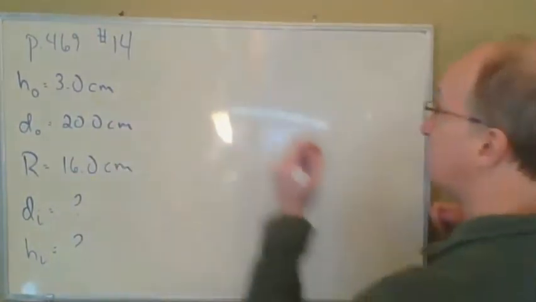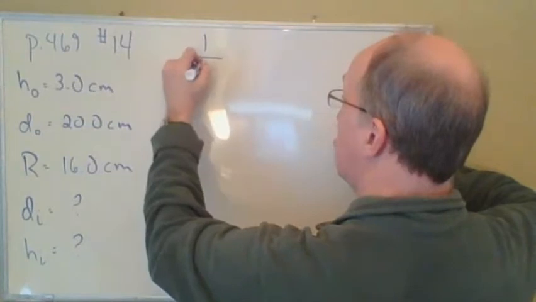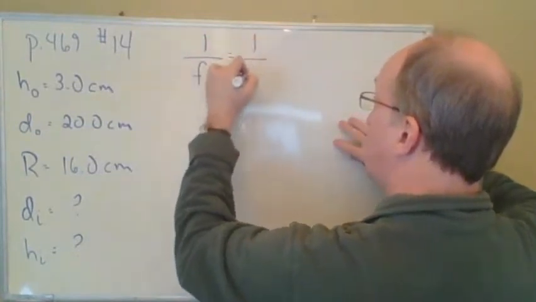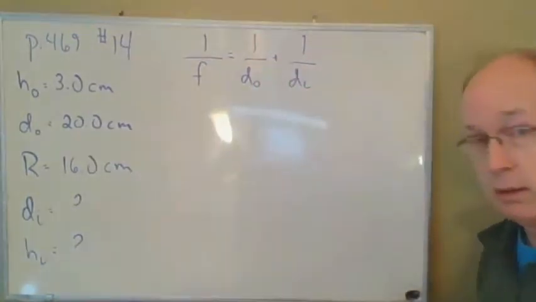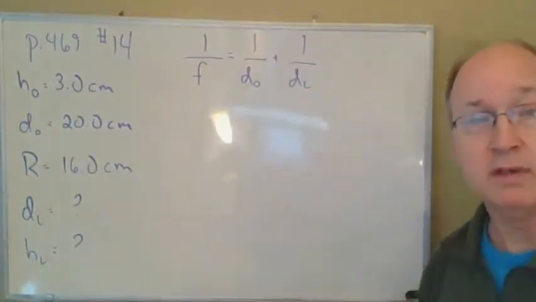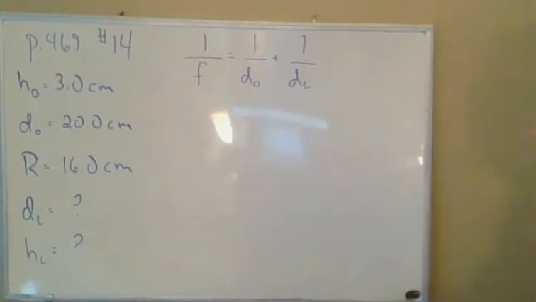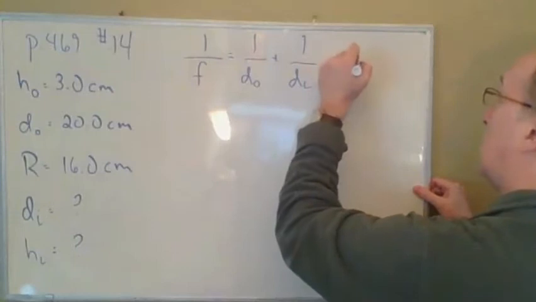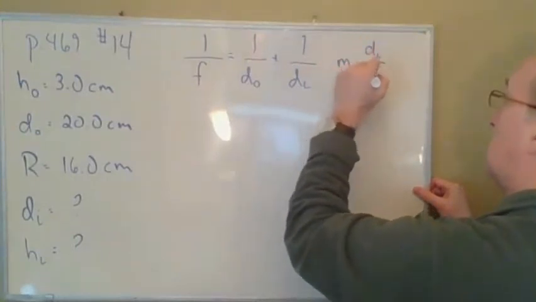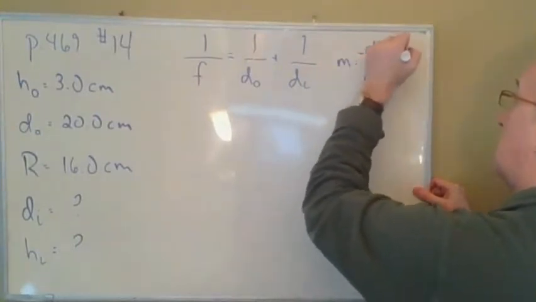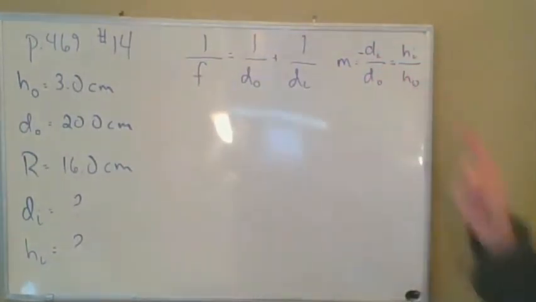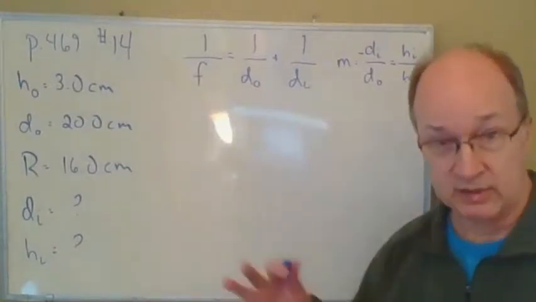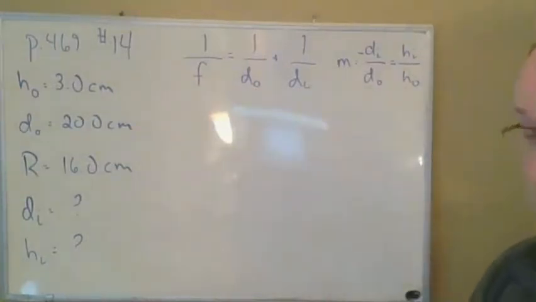Now, the two equations we're going to use are the mirror equation, 1 over F equals 1 over DO plus 1 over DI, and then the magnification equation. We'll talk about what the negative sign there means when we get to using that part of the equation, okay?